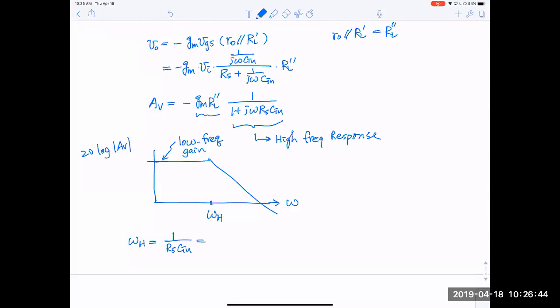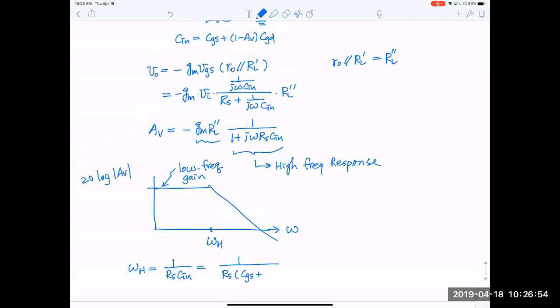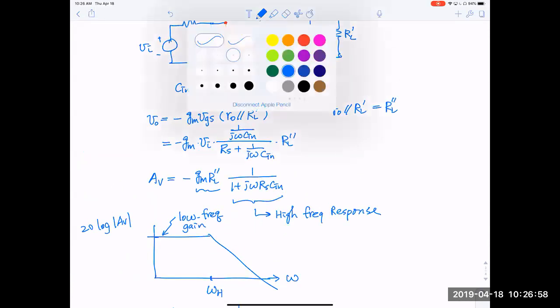Let's substitute C in: RS times CGS plus, we have 1 minus AV here times CGD. What do we use for AV?